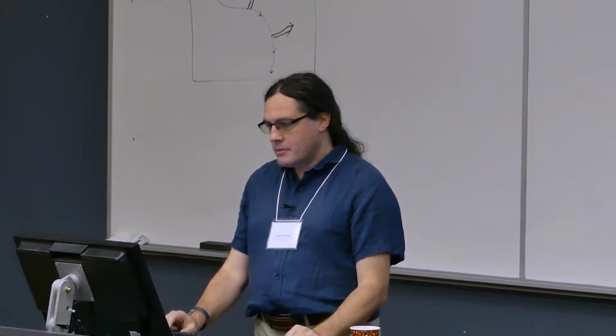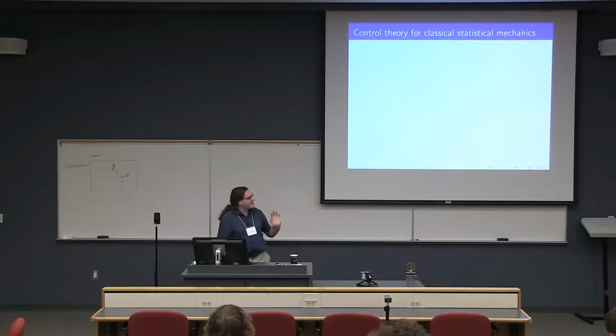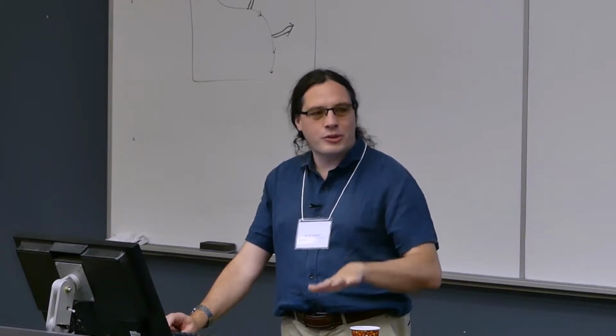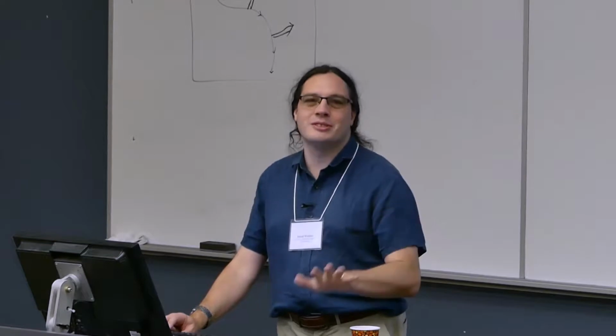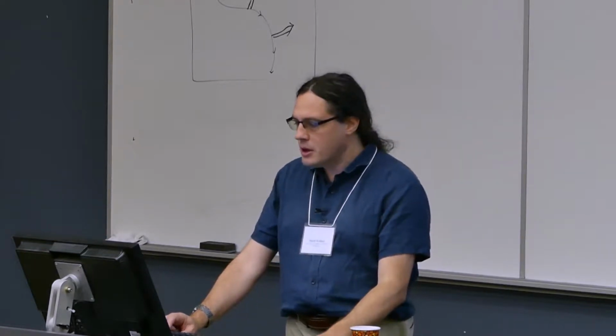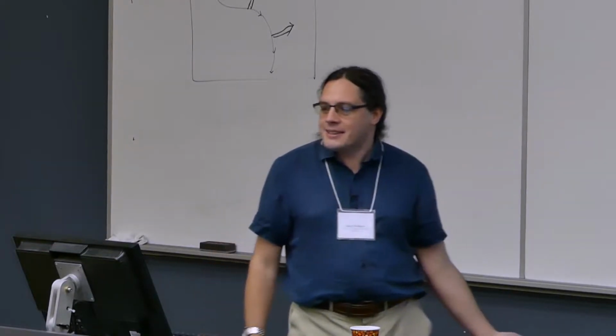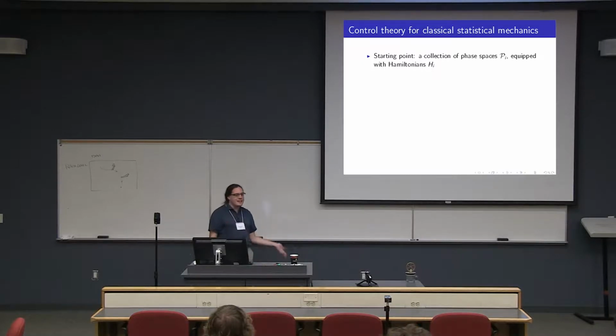We get some flesh on the bones of that if we look at how that plays out in an actual control theory for classical mechanics. So I've got the word statistical here, but actually the statistical aspects of classical mechanics are going to be somewhat in the background, except, well, you'll see the way in which this is and isn't statistical. So the starting point is I've got a collection of phase spaces, call them P_i, each one's got its own Hamiltonian H_i, and in the first instance I'm treating these as mutually dynamically isolated systems.